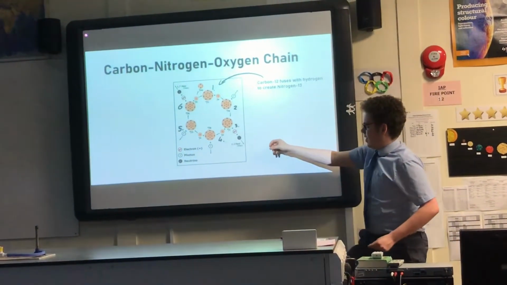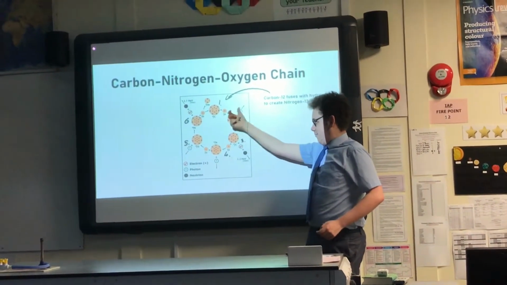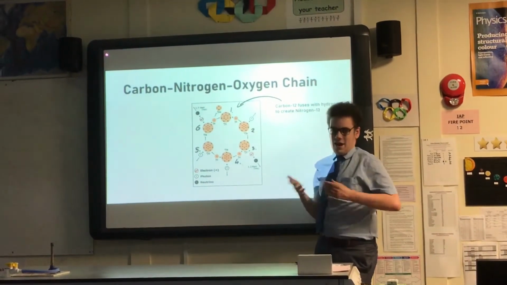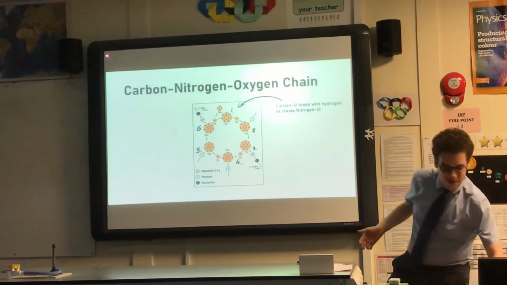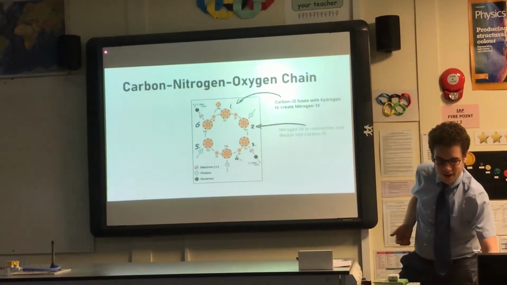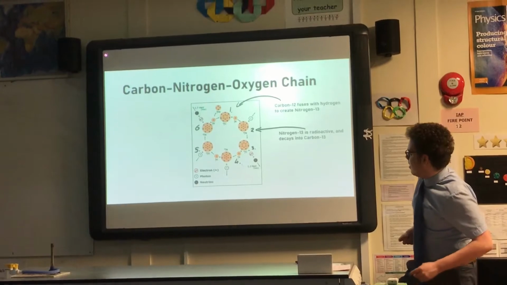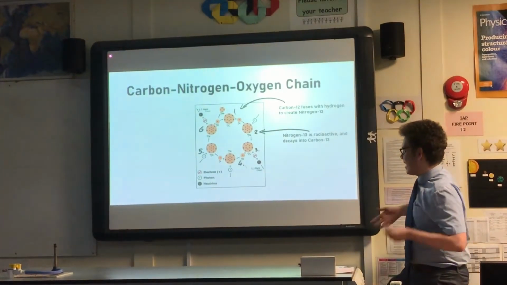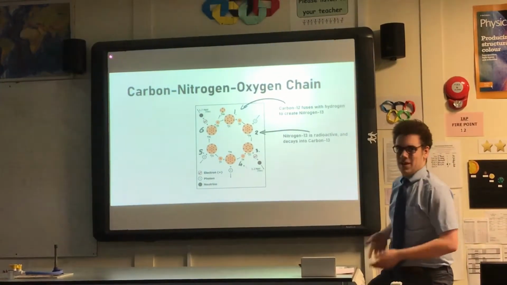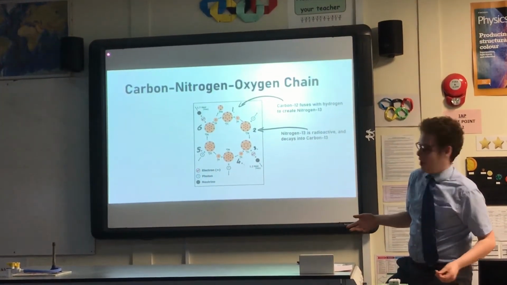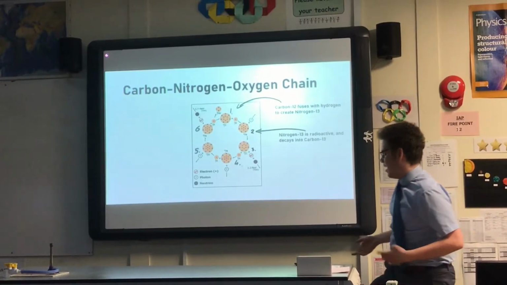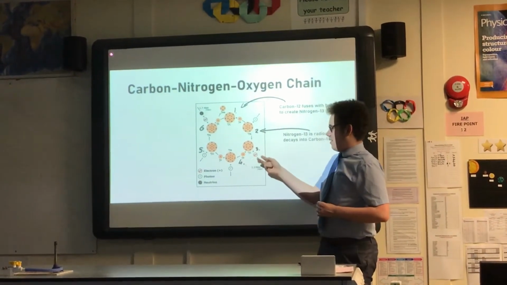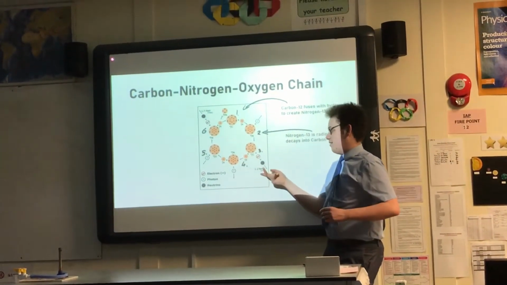And you can see that it's emitted a photon, a bit of energy coming out of it. Our second step is that nitrogen 13 is quite radioactive, and it decays into carbon 13 to become more stable. And this emits a positron and a neutrino.